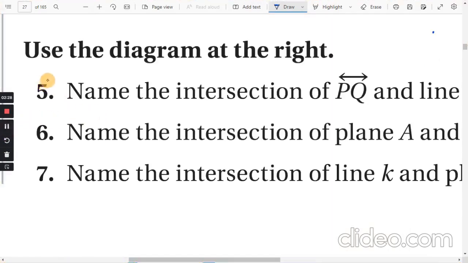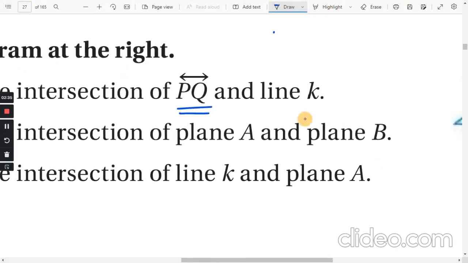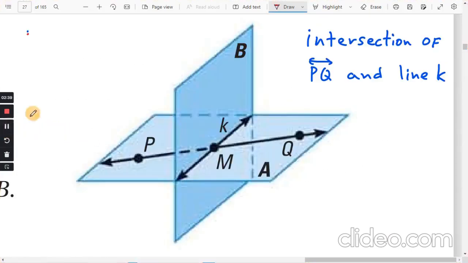Okay, let's try guided practice number 5. Using the diagram, name the intersection of line PQ and line K. Let's take a look. So please try that. Intersection of line PQ and K. All right, here is line PQ.